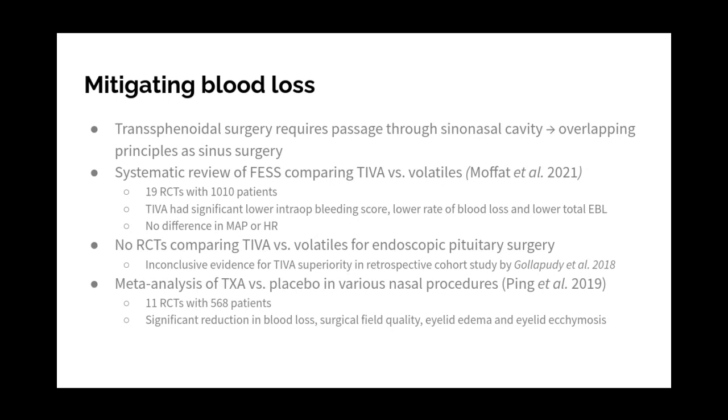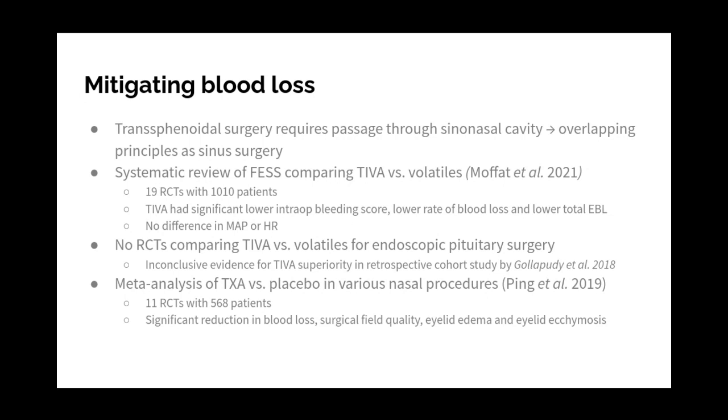And so there's interesting talk about how some of these principles do overlap, because the approach that the ENT surgeons use initially to gain access for the neurosurgeons through the sinonasal cavities essentially uses the same technique as functional endoscopic sinus surgeries.